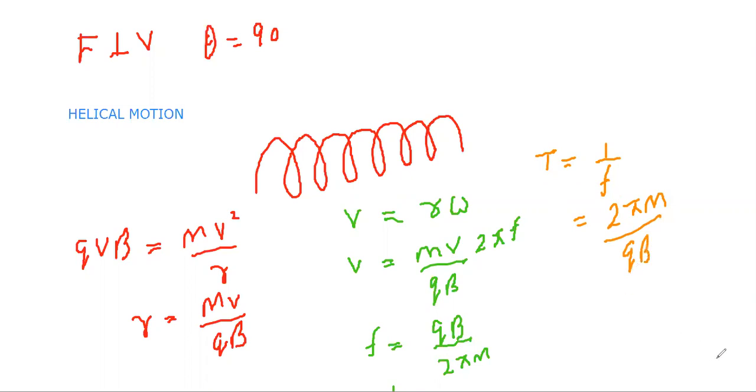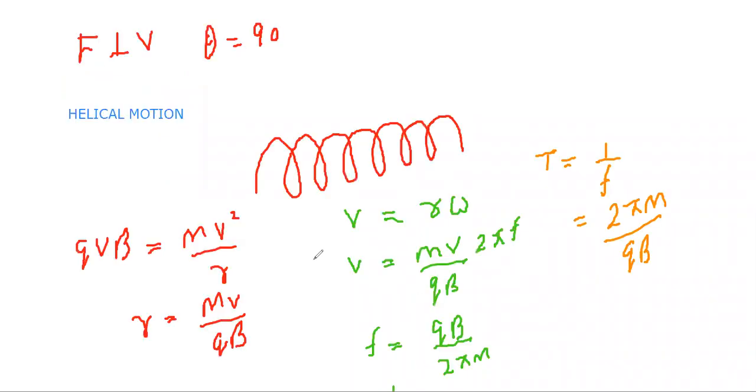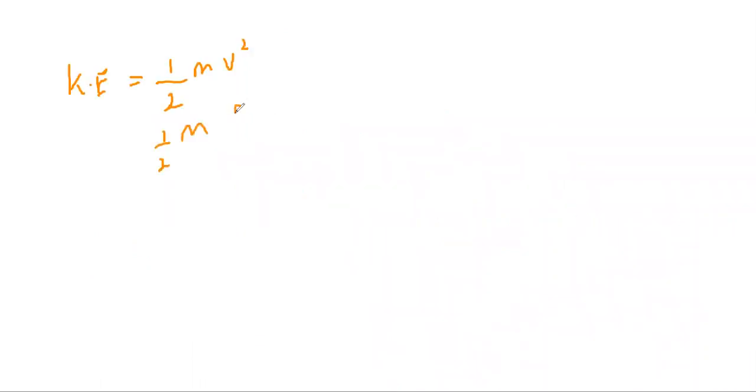Also, you can calculate the kinetic energy gained by that charged particle. Kinetic energy is half mv square. It would be half mass and velocity square. You can find the value of velocity from here, qBr by m. So half m into qBr by m whole square.